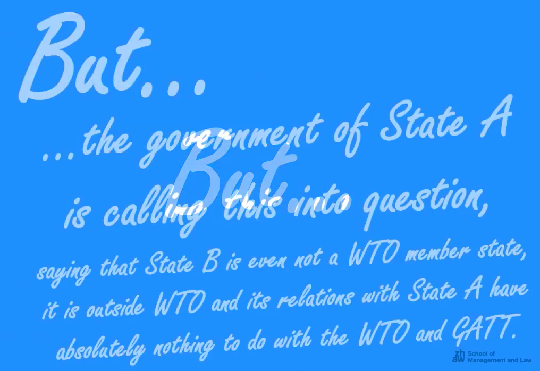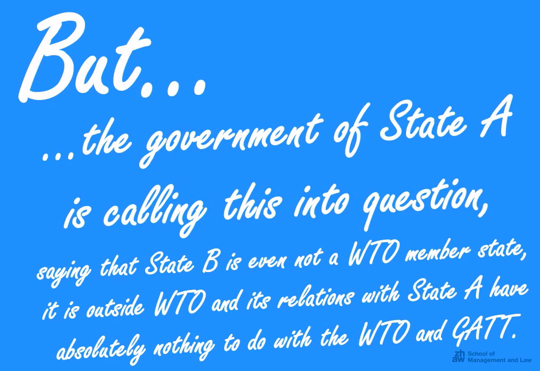But the government of State A is calling this into question. It says that State B is even not a WTO member state. It is outside WTO, and its relations with State A have absolutely nothing to do with WTO and GATT.